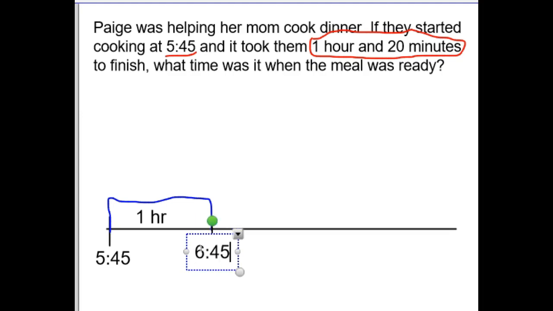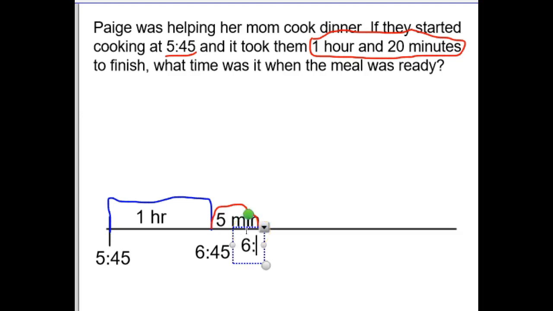And then I like to work with round numbers, so I'm going to add in just 5 minutes. So if I add in just 5 minutes, I'll have 6:50.